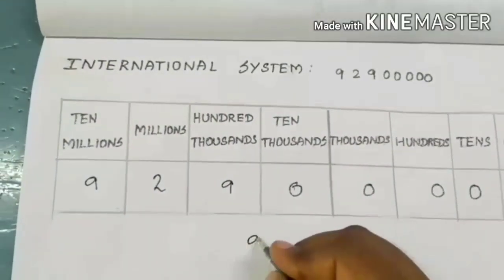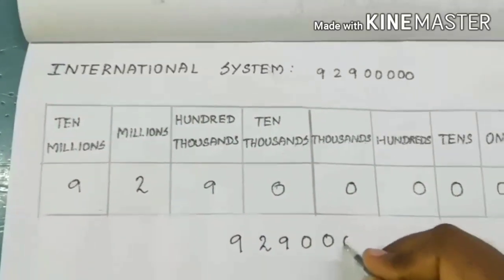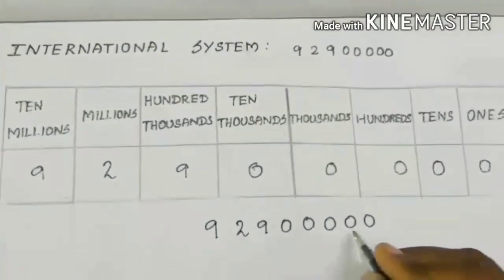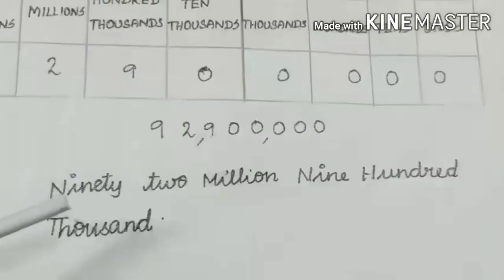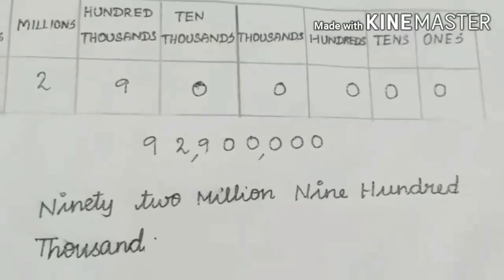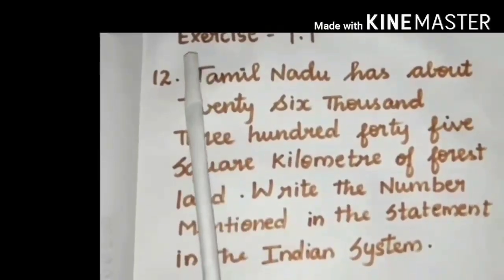For the international system, you have to place the commas after every 3 digits. The first comma should be placed after the 3 digits, and the second comma after the next 3 digits. This can be easily read as 92,900,000. Let's see the exercise problems.